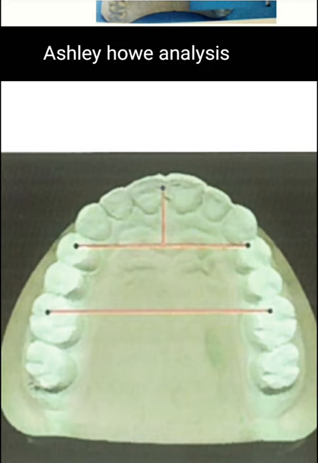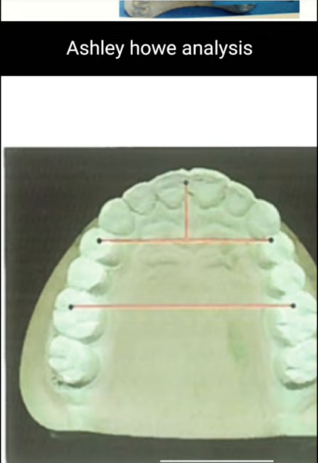We also determine the calculated molar value. It is done by SI divided by 64 into 100. So if the measured value is less than the calculated value, then there is a need for expansion of the arch.